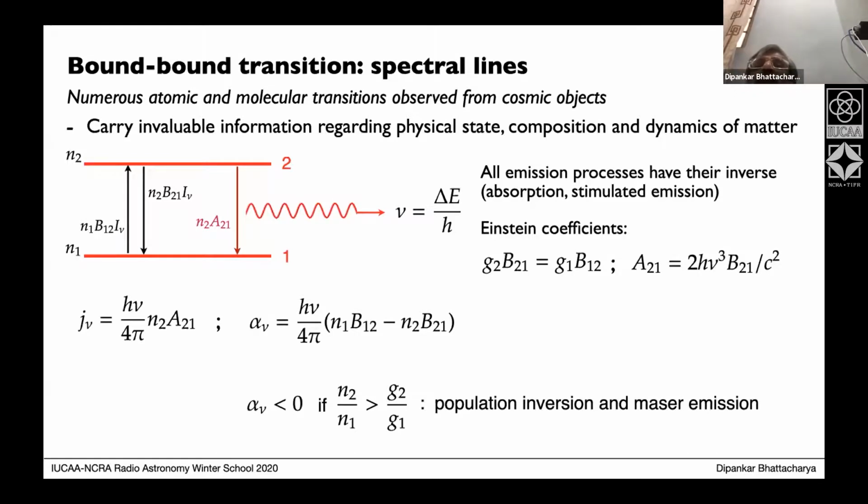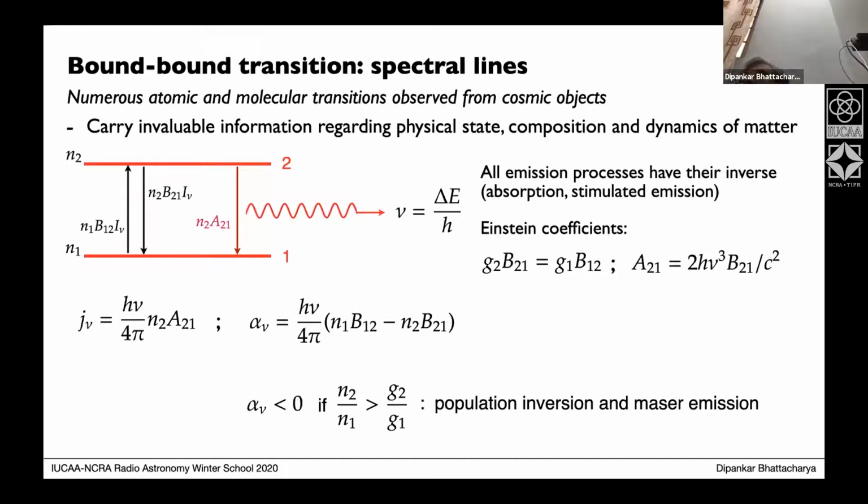And since j nu is per unit solid angle, you divide it by 4 pi. So h nu by 4 pi times N2 A21 is the emission coefficient j nu. The absorption coefficient alpha nu is related to the processes that interact with the incident radiation, which are absorption and stimulated emission. So alpha nu is h nu by 4 pi times N1 B12 minus N2 B21.